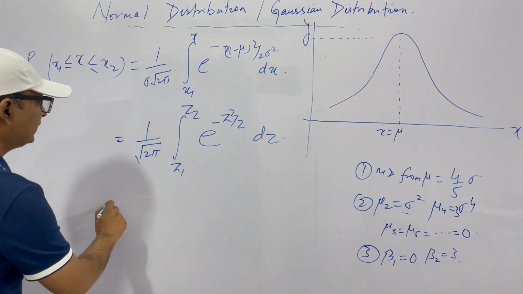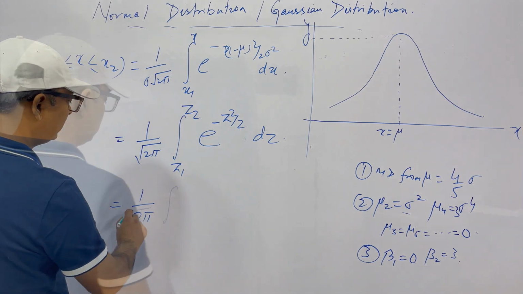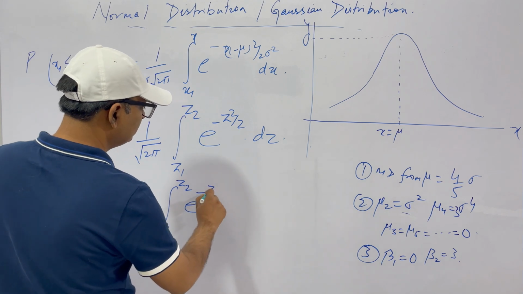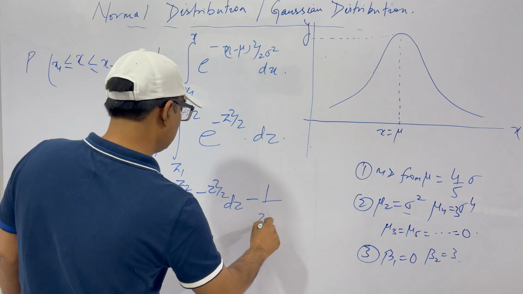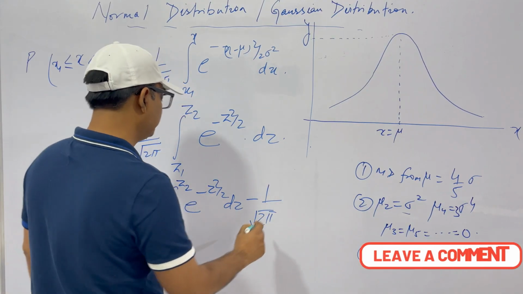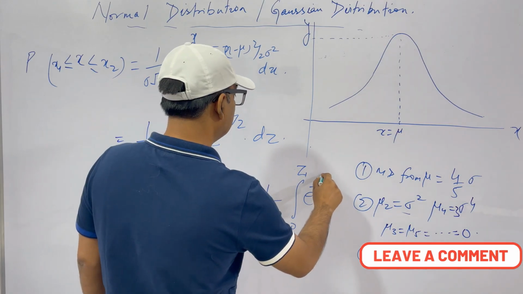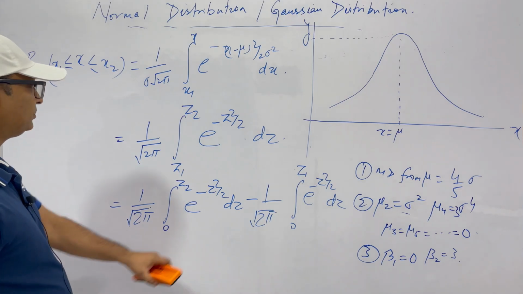Now this can be written as 1 by root over 2 pi integral from 0 to z2 of e to the power minus z square by 2 dz, minus 1 by root over 2 pi integral from 0 to z1 of e to the power minus z square by 2 dz. Clear?